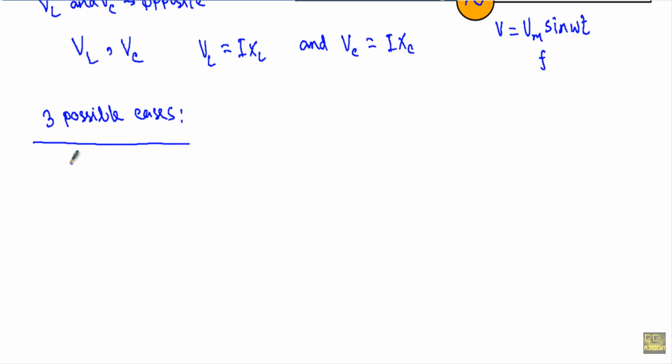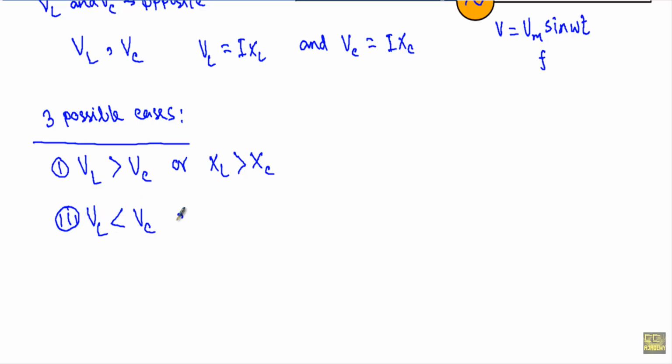First one is, if VL, the voltage across the inductor, is greater than the value of capacitor voltage, or inductive reactance has a value greater than the capacitive reactance XC. Number 2, VL, inductor voltage drop, is less than capacitor voltage drop, or inductive reactance is smaller than the capacitive reactance.